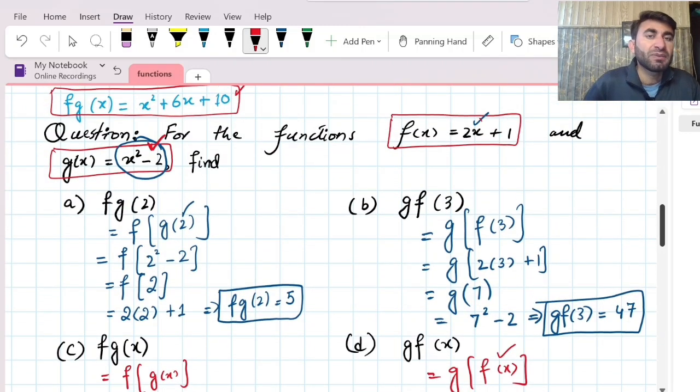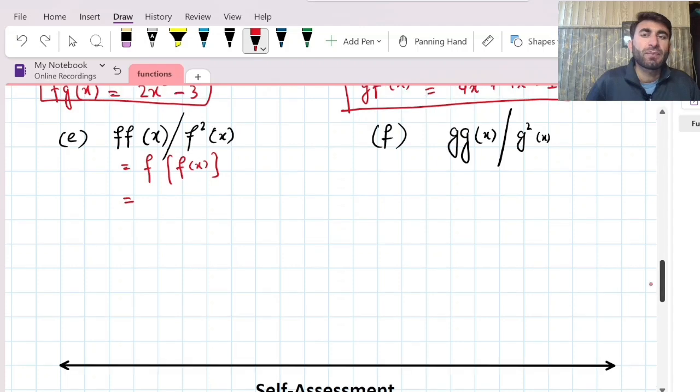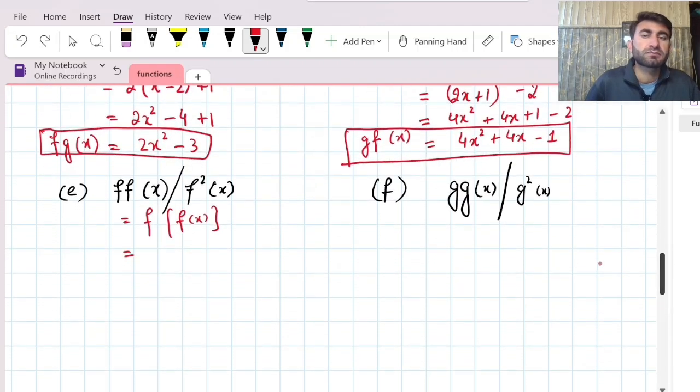So we have to replace this x with, again, the expression of f of x. So I will write it as 2 times f of x, where x is replaced by f of x, and plus 1 is as it is.